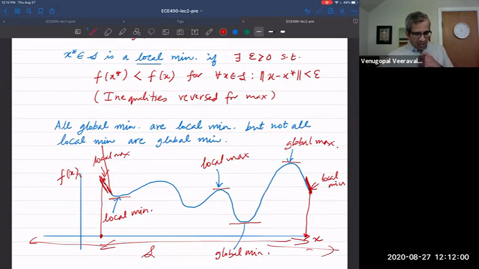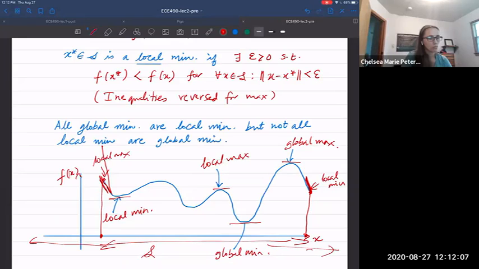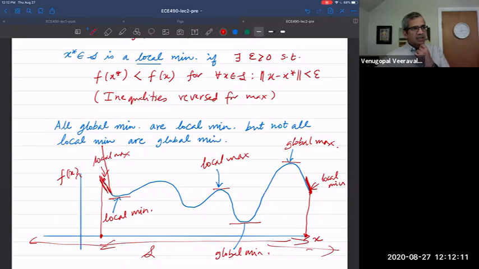But what's the generalization of that idea in higher dimensions? In higher dimensions, the analog of the derivative being 0 is that the gradient of the function is 0.